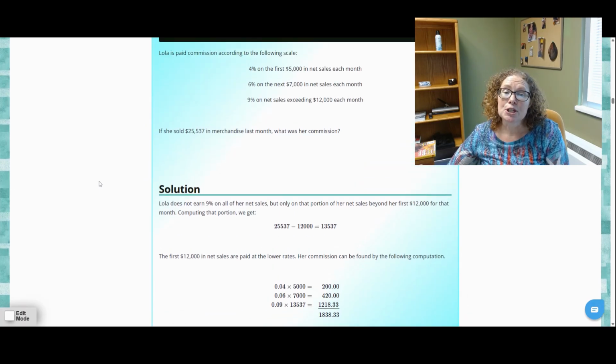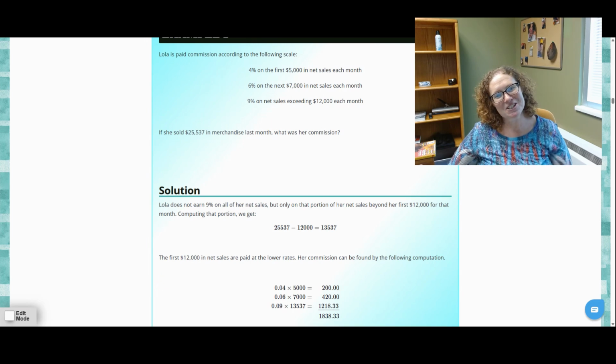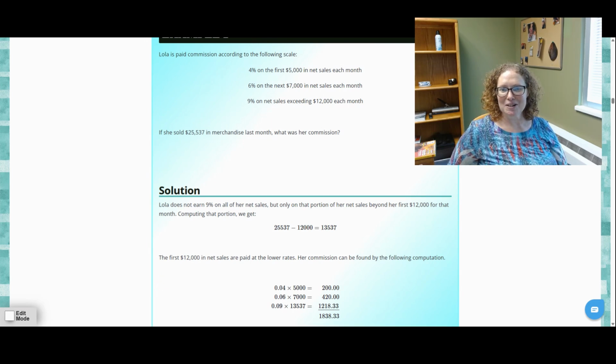So she does not earn 9% on all of her sales, but only on that portion that was beyond her first $12,000. So to figure that out, we just subtract. We subtract the $12,000 from the $25,537, and we get $13,537. That's the amount that she's going to get the 9% on.